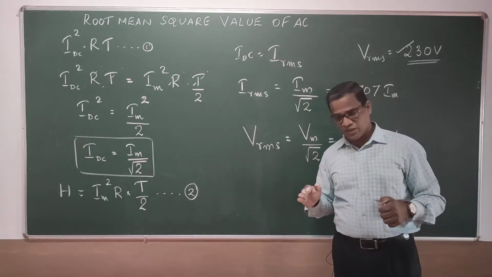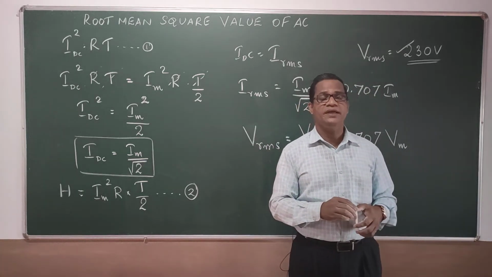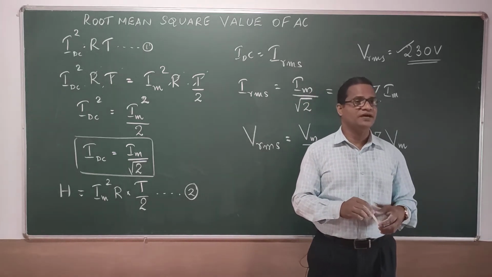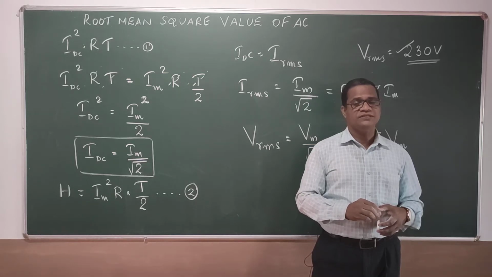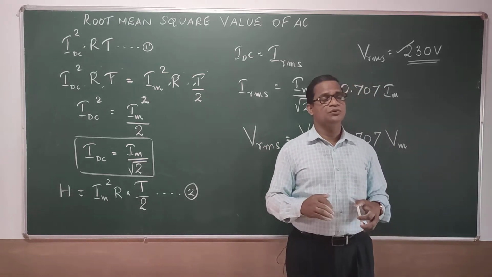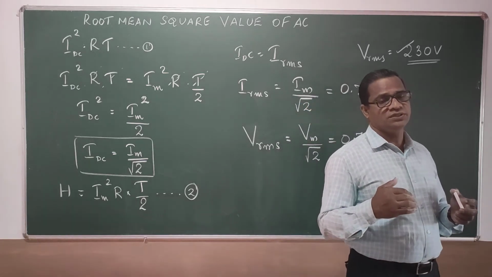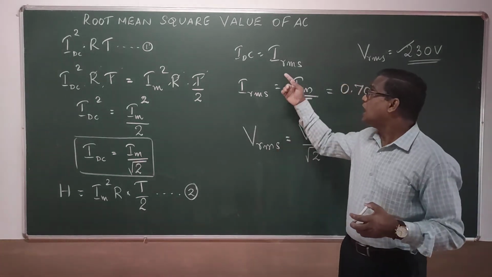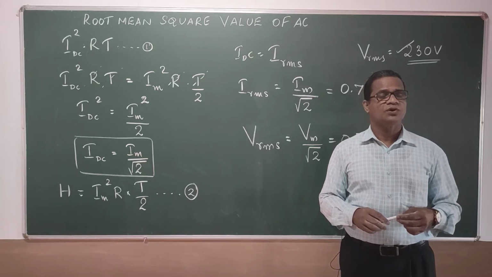And this RMS value is the only measurable value of AC using the instrument. It's a very important fact to be noted. So if I say supply voltage of so and so in the problem, that supply voltage is actually mentioning the RMS value. Got it?